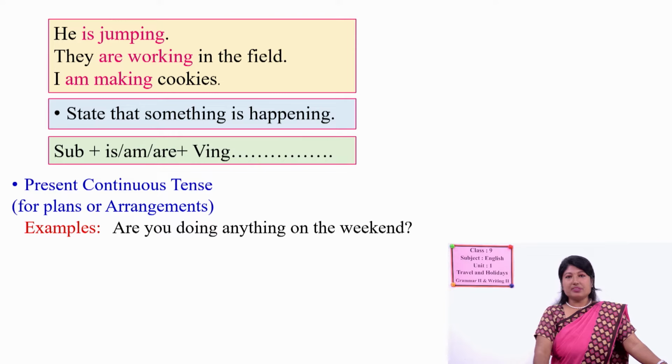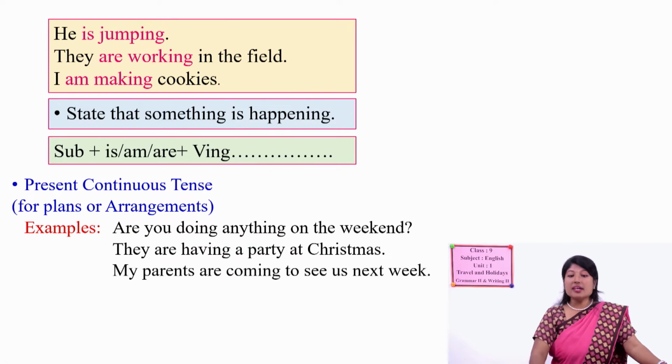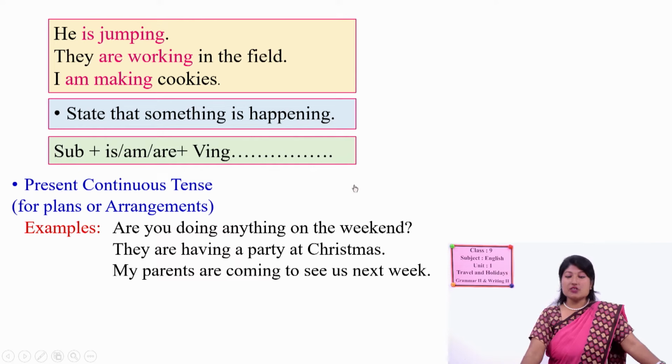Look at the examples. Are you doing anything on the weekend? They are having a party at Christmas. My parents are coming to see us next week. So here something is happening in the near future. It means present continuous tense can also be used with future meaning.